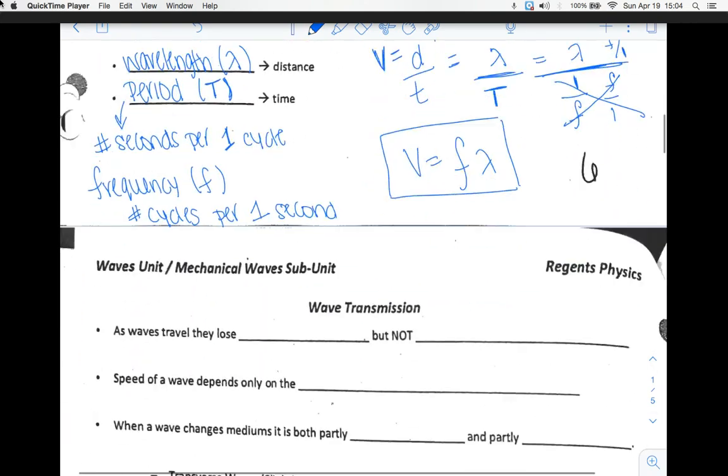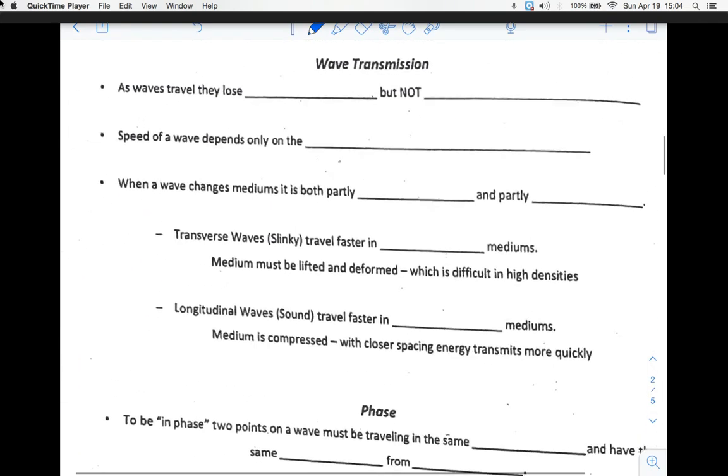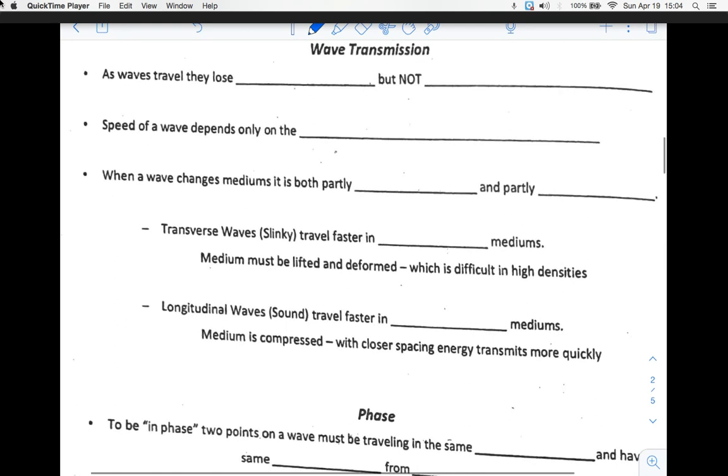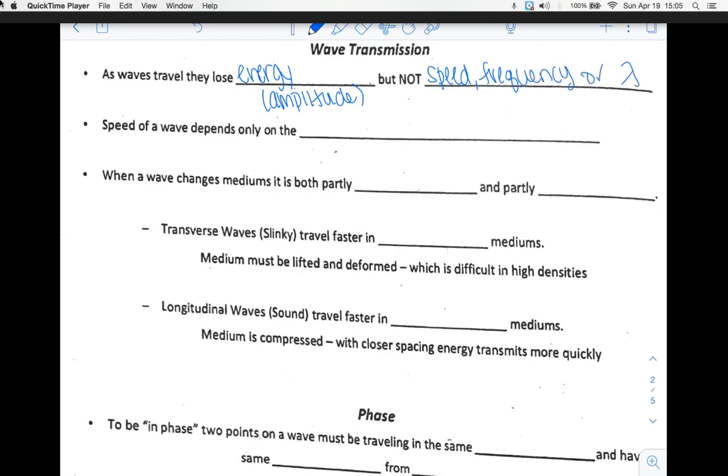Okay. So now, as waves travel, they lose energy. They lose energy which is associated with amplitude, as we already know, but not speed, frequency, or wavelength.